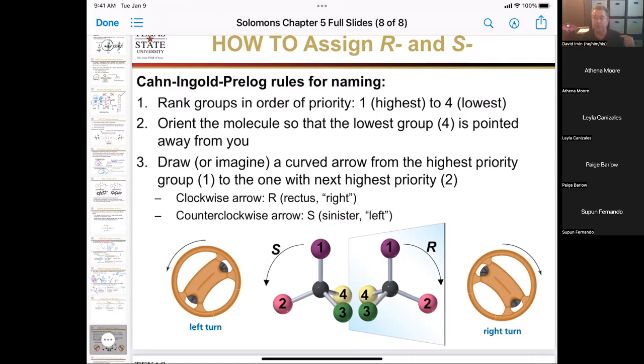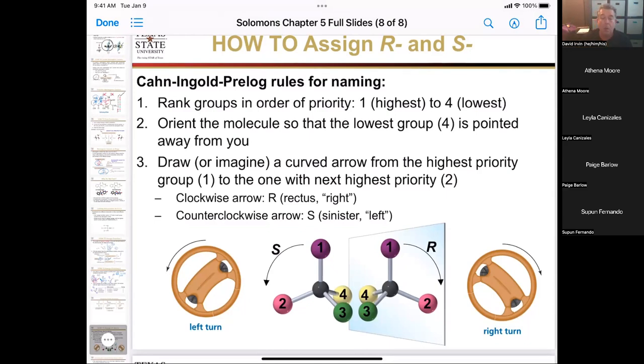So all that means is when we assign our 1, 2, and 3, if we're going around in a clockwise fashion here, that's going to be our R, or our rectus. Now, where's 4? Oh, 4 is back here. We have to look down that axis for 4, right?